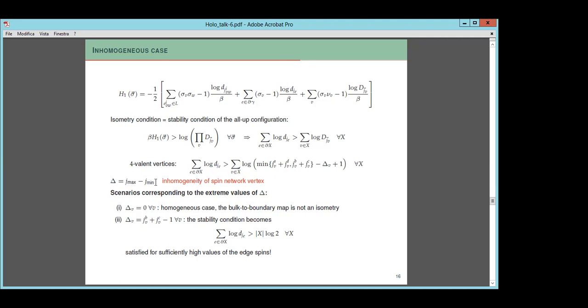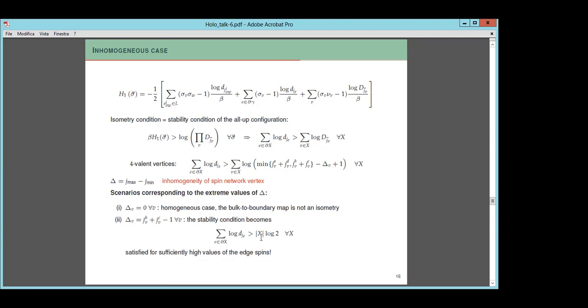And what we can observe is that in the case in which this is 0, we are back to the homogeneous case, so we cannot have an isometry. In the case in which this parameter takes its maximum value, so we have the maximum possible inhomogeneity for the graph, then we obtain that the isometry condition is satisfied only for sufficiently high values of the edge spins.